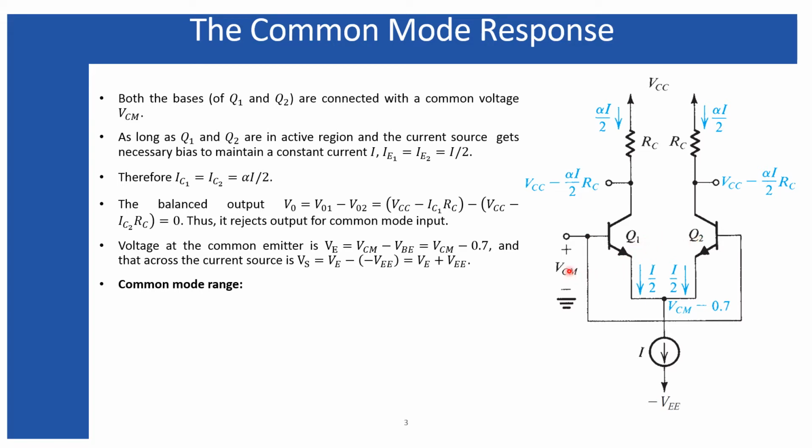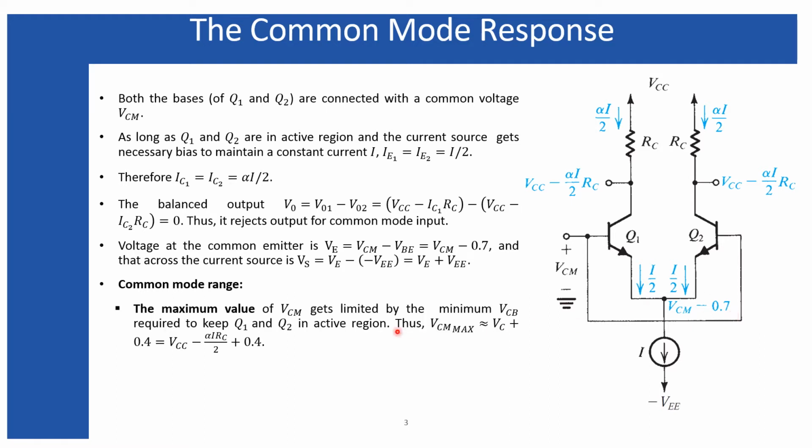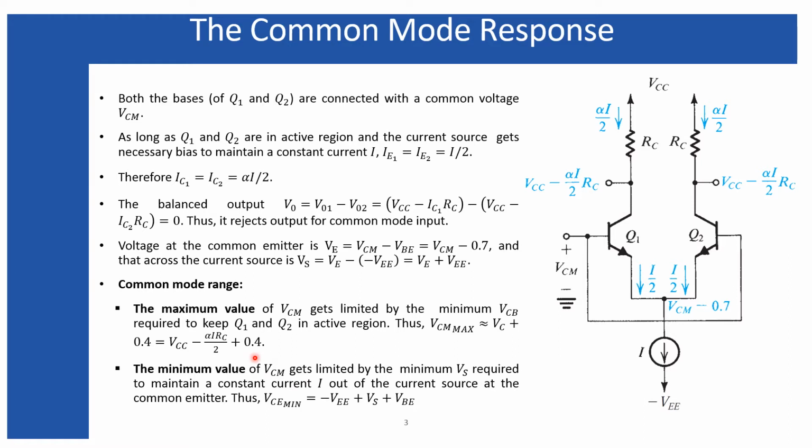So the maximum voltage should be at the verge of the active region, and the minimum voltage will be the minimum voltage that keeps this current source active and able to provide the constant current I. So for this maximum range, it should keep both of these transistors in the active region, and the minimum range is the minimum voltage for which this current source will continue to maintain its constant current I.